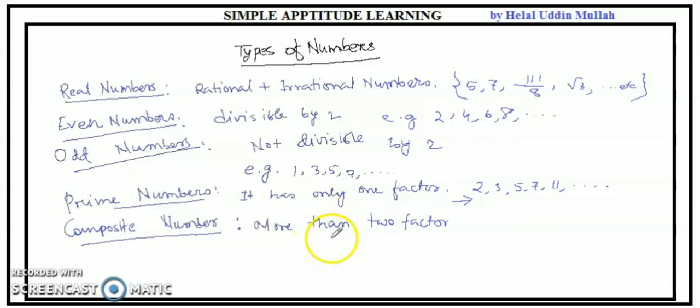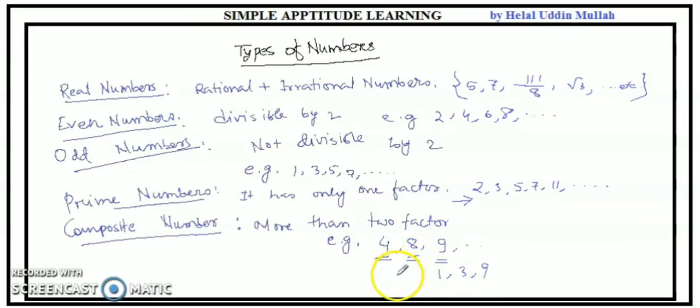Examples may be 4, 8, 9. 4 is divisible by 1, 2 and 4, so it has 3 factors, which is more than 2. 8 can be divided by 1, 2, 4 and 8, so it has 4 factors. Similarly, 9 can be divided by 1, 3 and 9, so it has 3 factors.